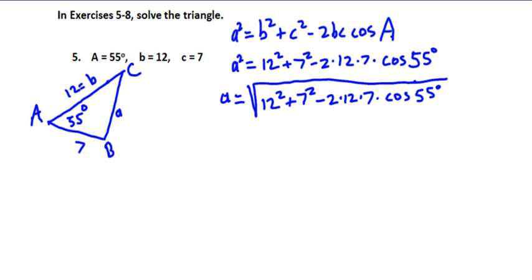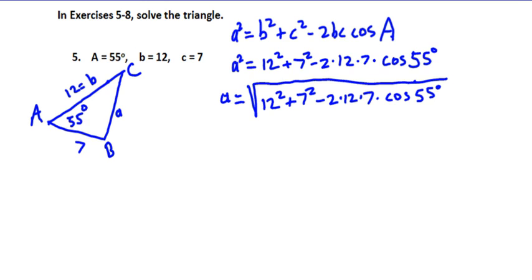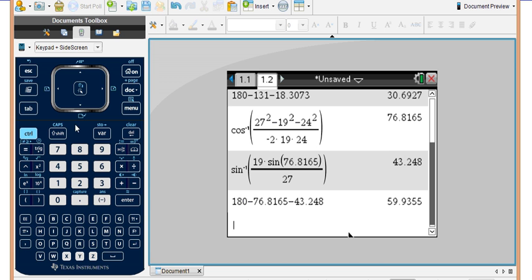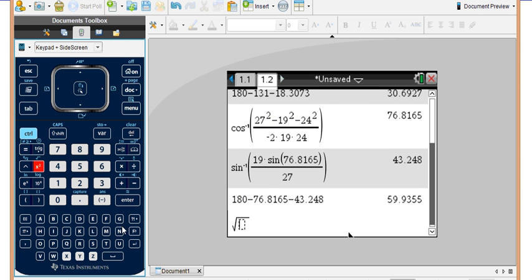And here we go to our calculator. Control, radical.